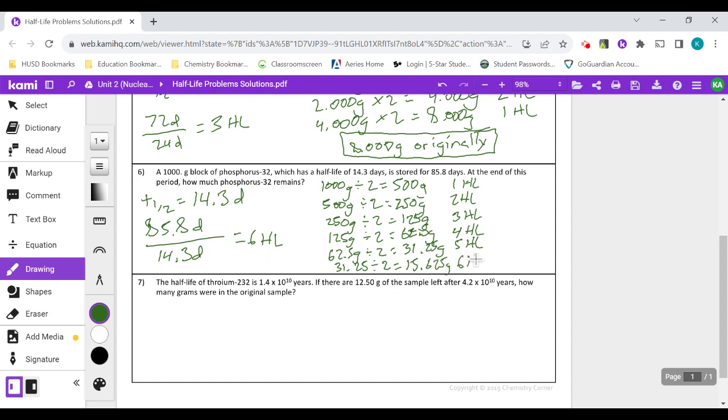That's 6 half-lives. So 15.625 grams remain.